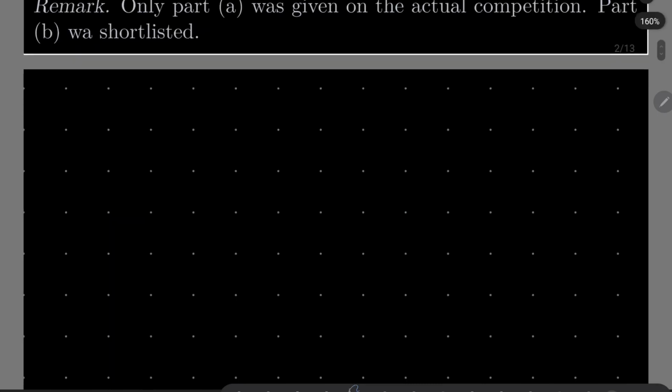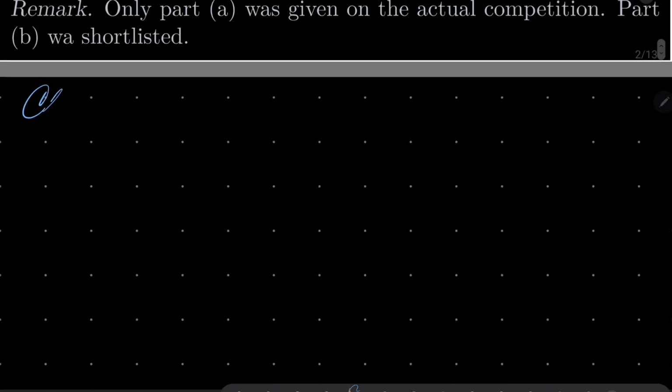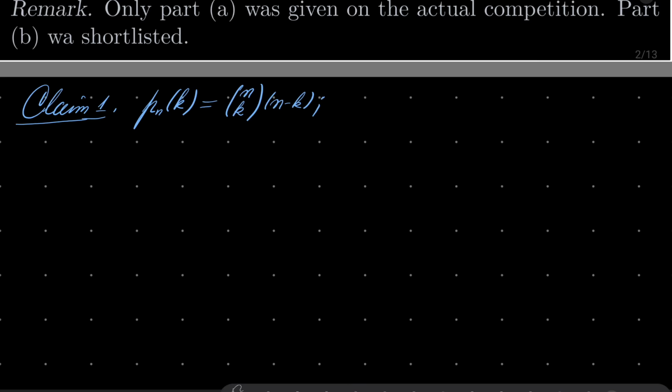Well, so I will proceed by several claims. My first claim, number 1, is that Pn of k is actually n choose k times n minus k subfactorial. How to prove it? Well, think combinatorially about it. We wish to count how many permutations have exactly k fixed points. So first, we need to choose these k points.